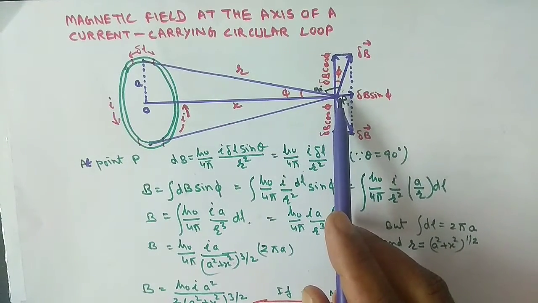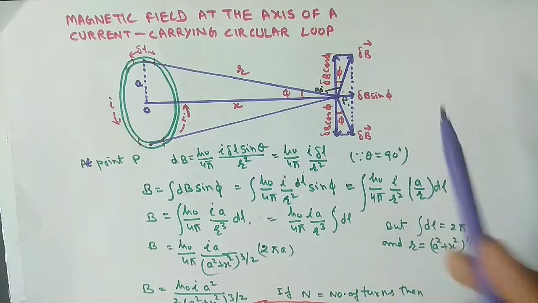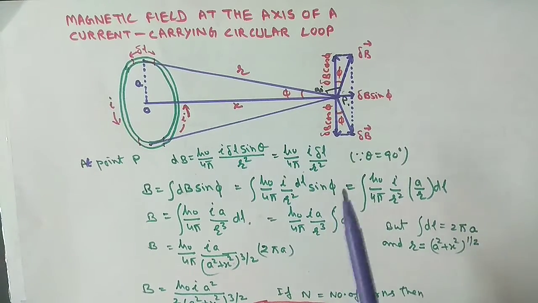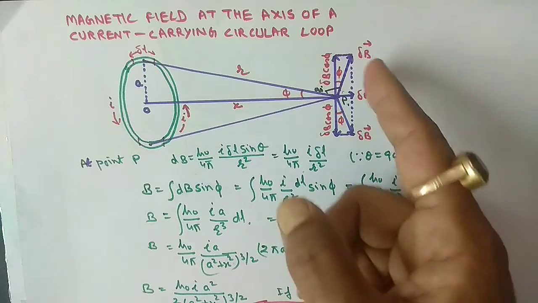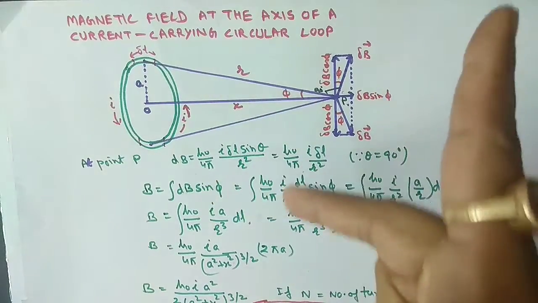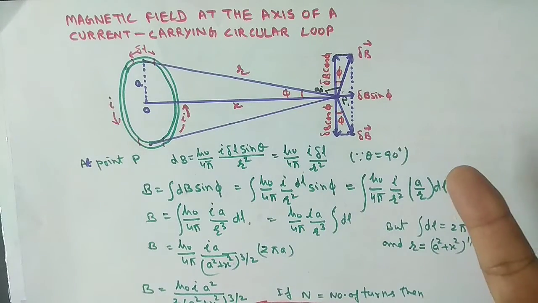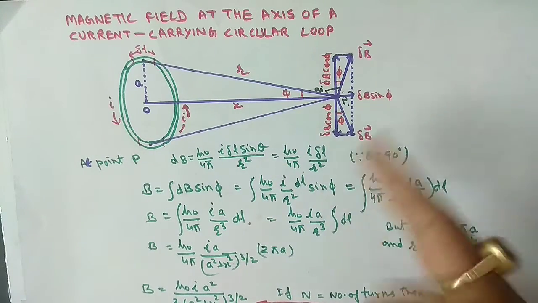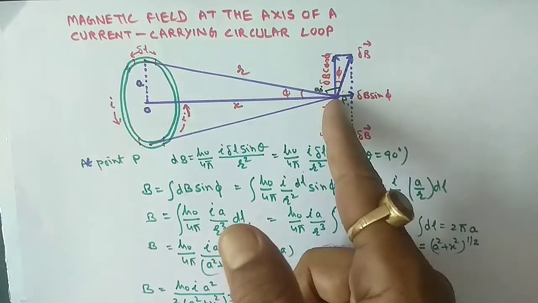You can see the direction of the magnetic field intensity is always perpendicular to the line joining. You know this is the property, and using the different rules to find the direction of magnetic field, dB is always perpendicular to the line joining.